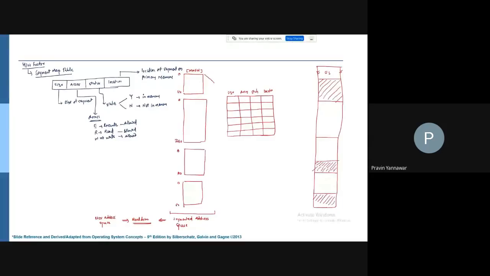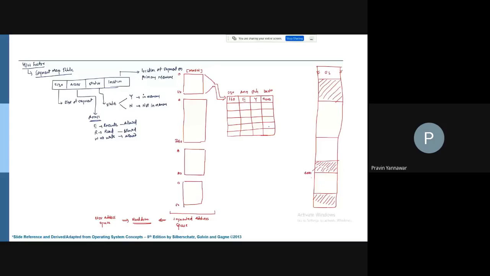Now say this is a segment of size 160. Access is read and execute.